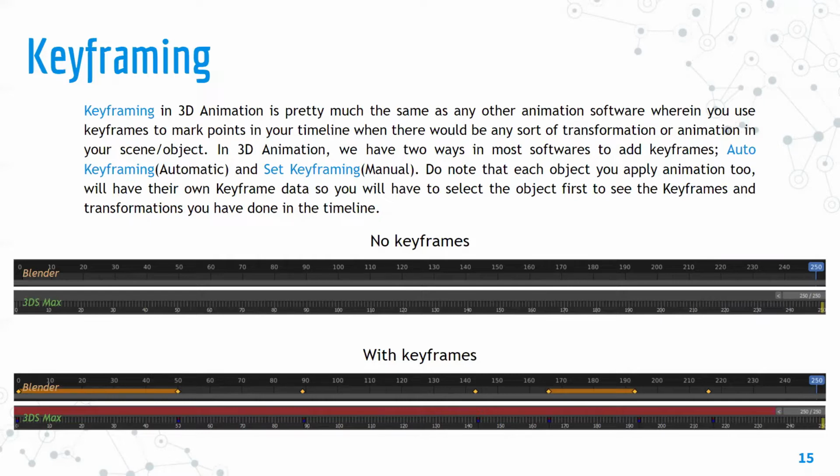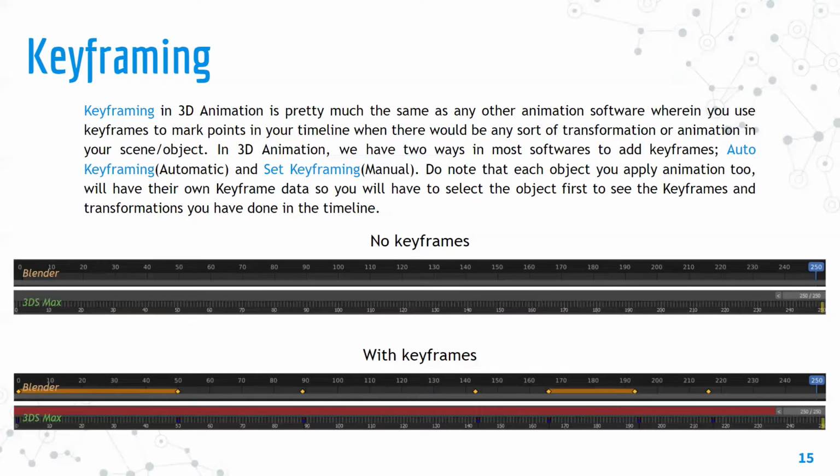Now, another key difference between 2D animation and 3D animation: like I said, in 2D animation, we work from one keyframe to another. In 3D animation, we have two types of keyframing: auto key and set keyframing.